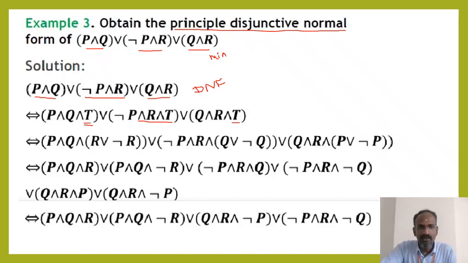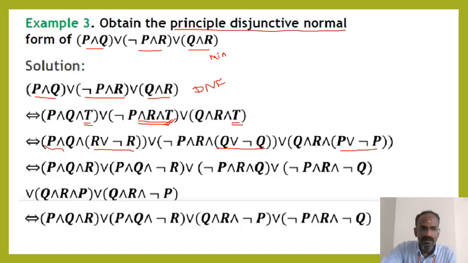So R variable is not available, so we replace this true as R or negation of R. Similarly for the second min term, Q variable is not available, so this true is to be replaced as Q or negation of Q. For the third min term, the P variable is not available, so we introduce P or negation of P.